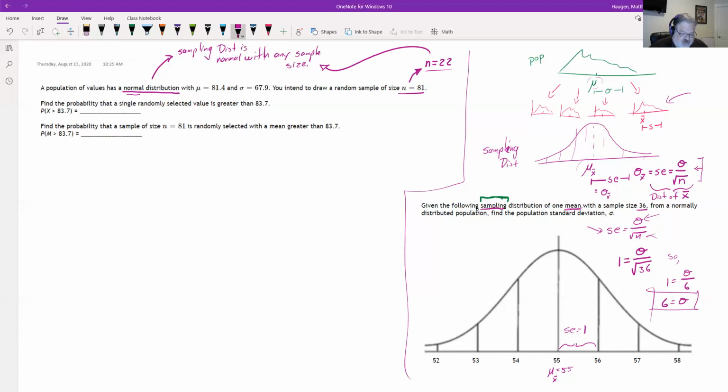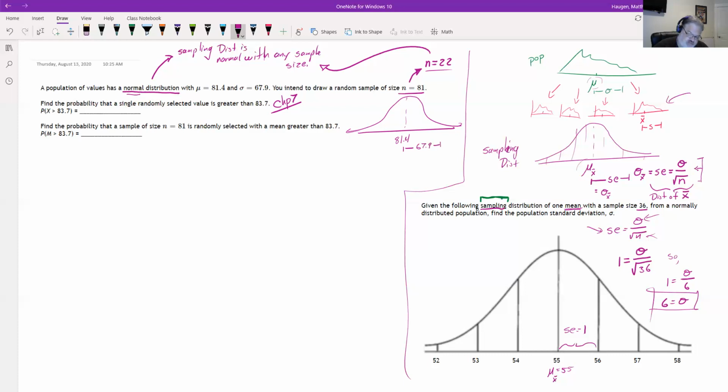Find the probability that a single randomly selected value is greater than 83.7. Okay, that is a chapter 7 question. So chapter 7 says, okay, normally distributed data with a mean of 81.4 and a standard deviation of, it's a huge standard deviation, consider it, 67.9.